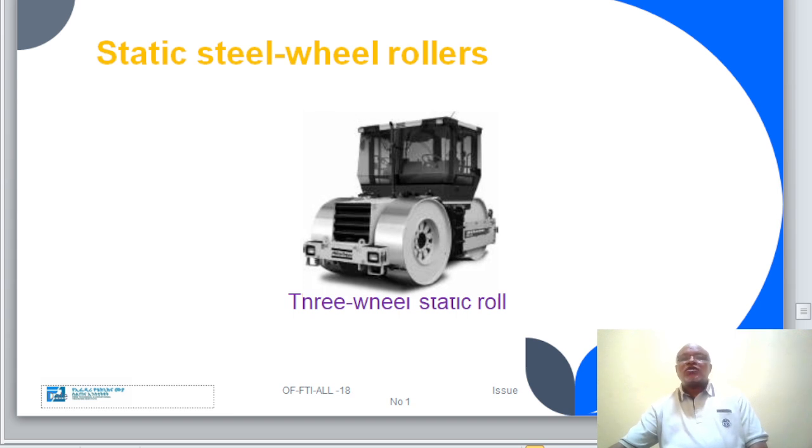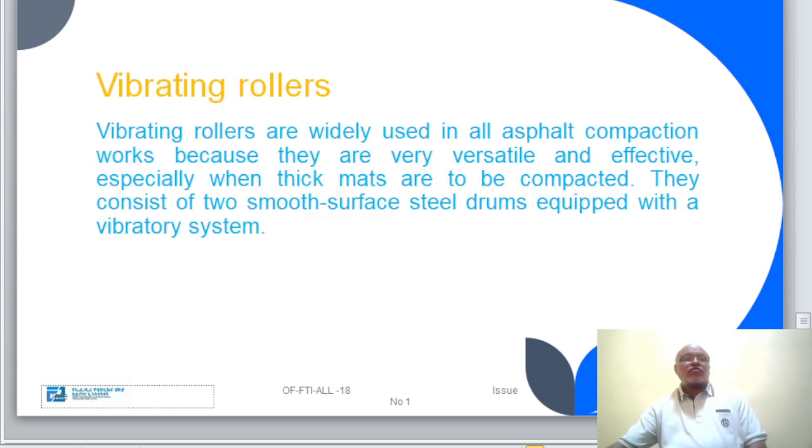The next one is the vibrating roller. Vibrating rollers are widely used in all asphalt compaction work because they are very versatile and effective, especially when thick mats are to be compacted. This consists of two smooth surface steel drums equipped with a vibratory system.